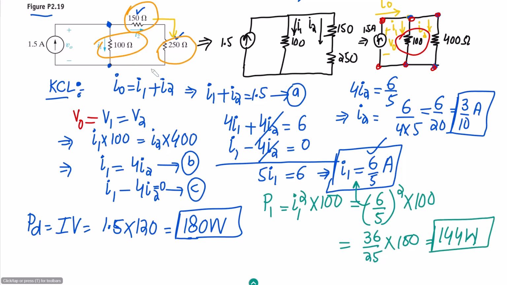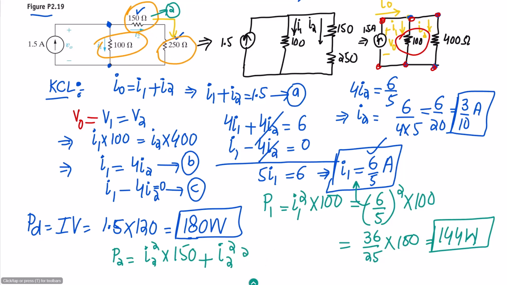So the value of P1 is known. Let me call it P2. The value of P2 is I2 square into 150, and the value of P3 is here. As these two are connected in series, I am taking them here as well, plus I2 square, because the same current is flowing through both of them.